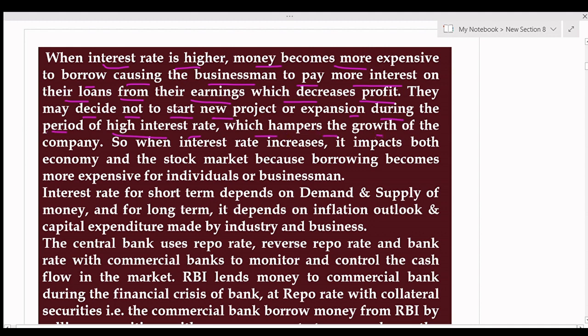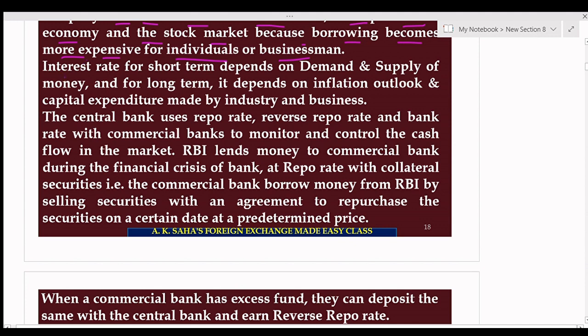So, when interest rate increases, it impacts both the economy and the stock market because borrowing becomes more expensive for individuals or businessmen. Interest rate for short term depends on demand and supply of money, and for long term it depends on inflation outlook, and capital expenditure made by industry and business.